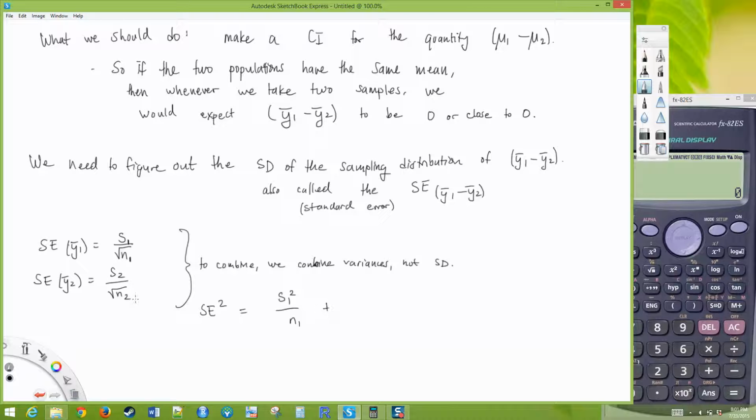And then I square this thing, and I get S2 squared over N2. Does that look okay? All I'm doing is squaring each of these things and adding them together, because we're combining variances and not standard deviations.